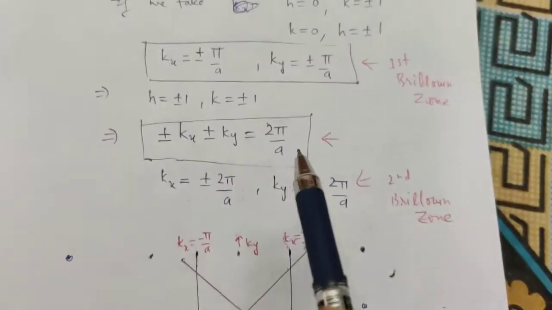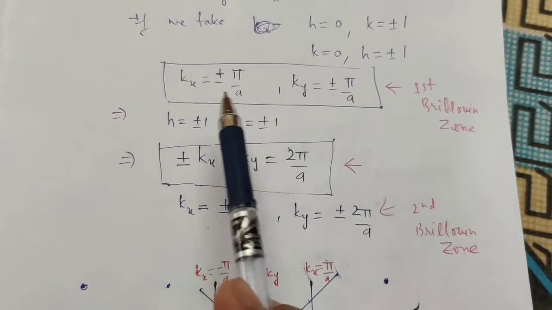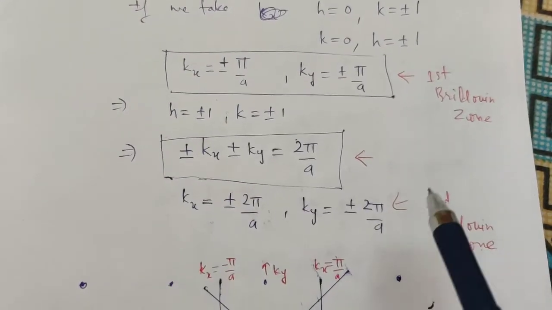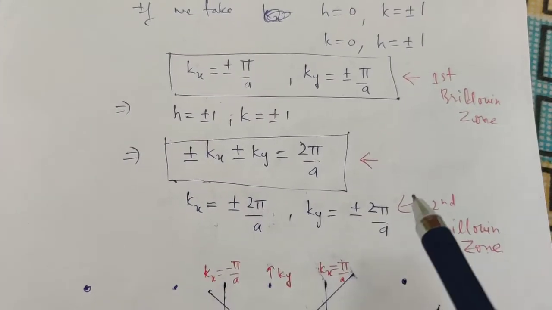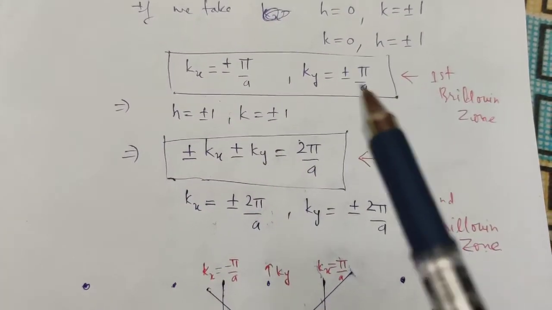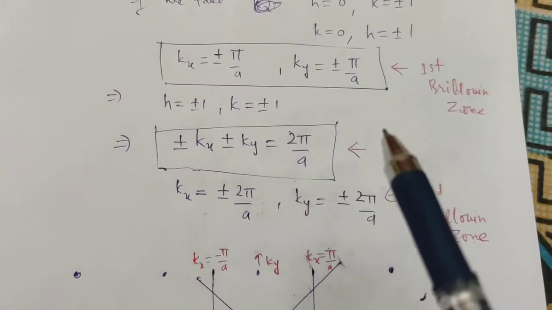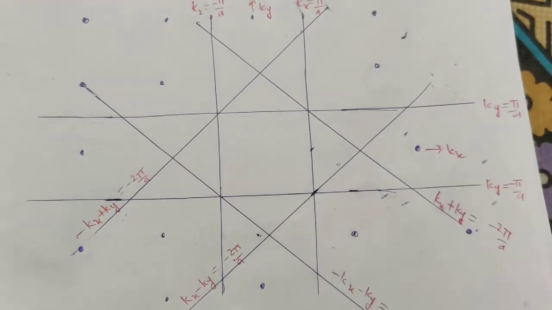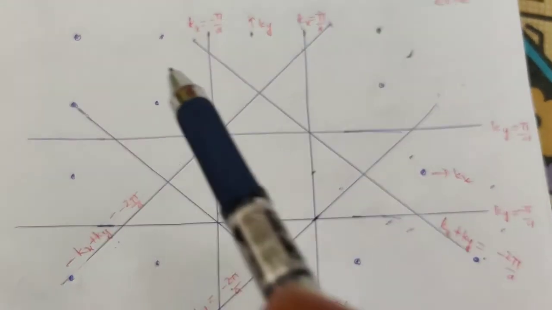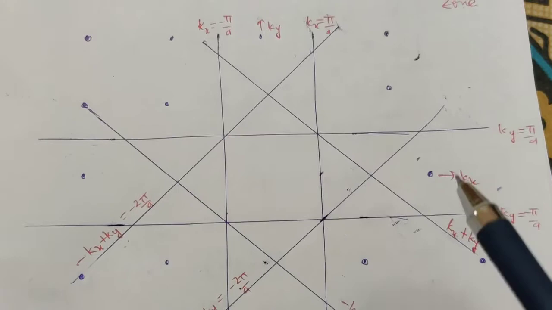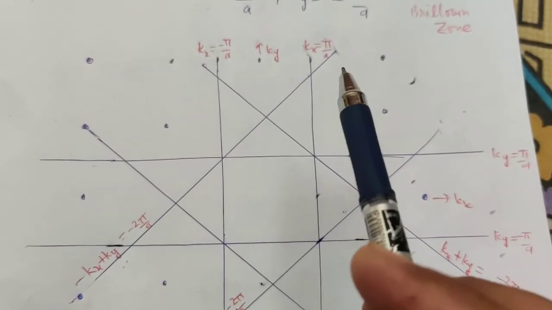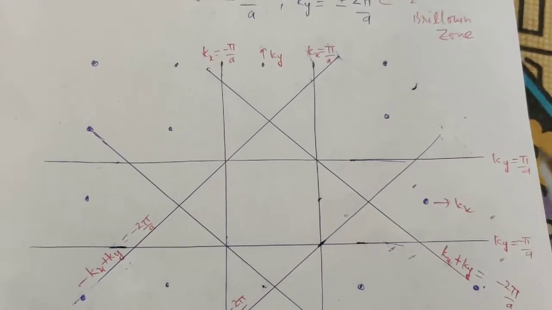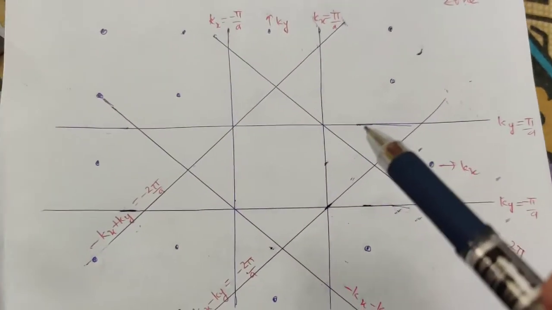So now depending upon these conditions, there will be 8 straight lines in the family of straight lines of kx and ky. So by using these conditions, I have constructed the various Brillouin zones in your reciprocal space. So these are your conditions for these straight lines, or these are the intercepts for kx and ky for these different conditions.